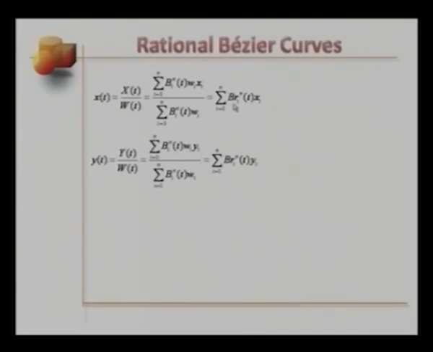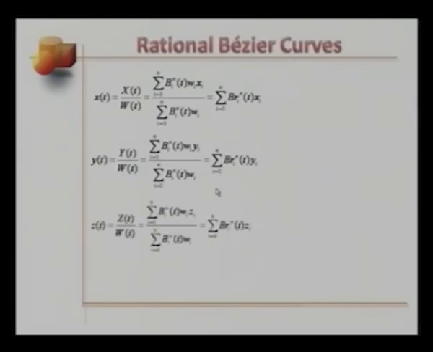In a similar manner as above, br i n is this term here over this entire term here. We'll get yi here and we'll retain this summation here.